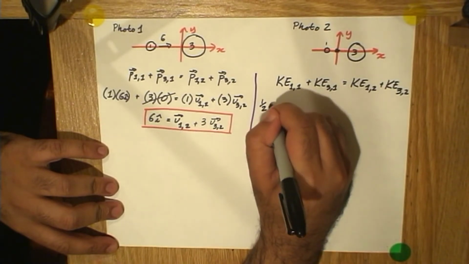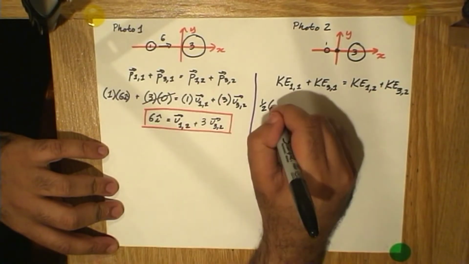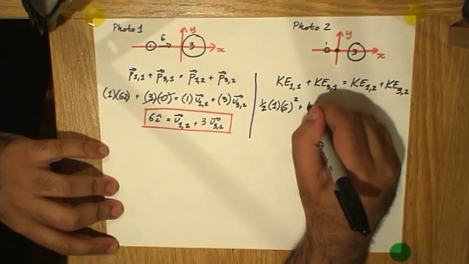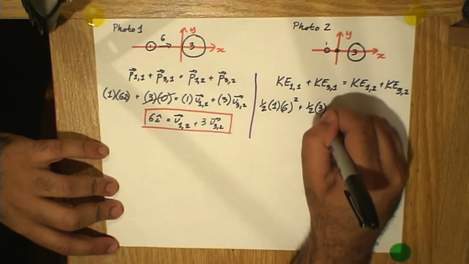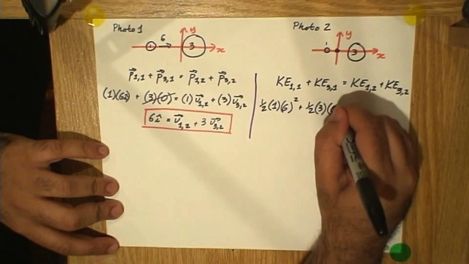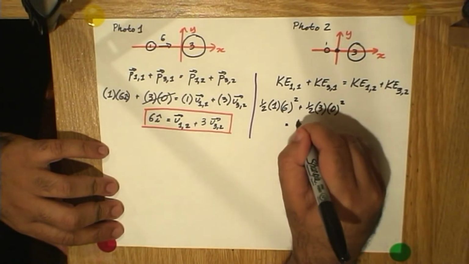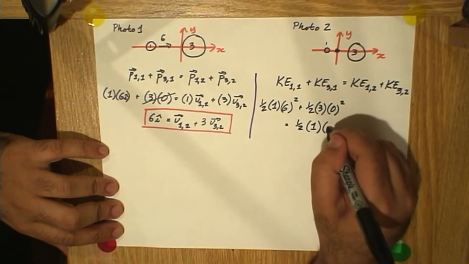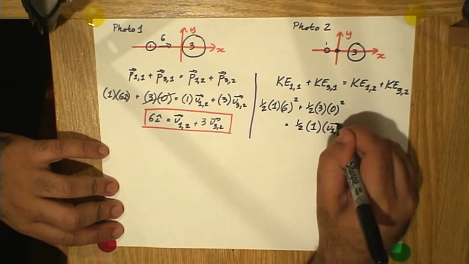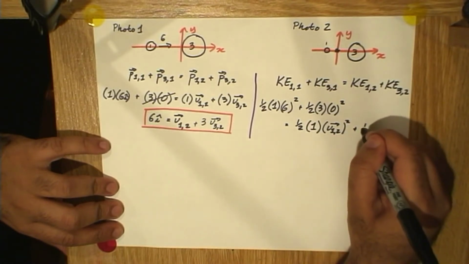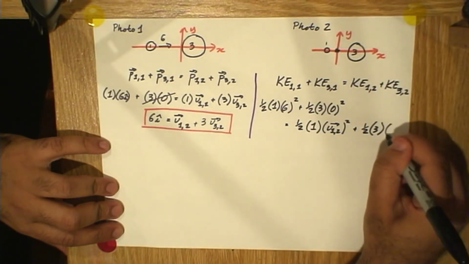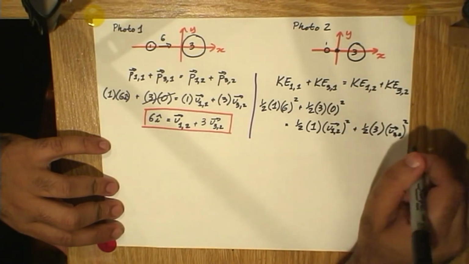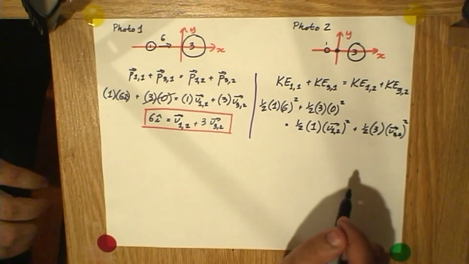So that would be 1/2 times, for the 1 kilogram in photo 1, that's 1, multiplied by its velocity, 6, squared, plus half, mass of the 3 kilogram is 3, times its velocity, 0, squared, and all of that's equal to 1/2 times the 1 kilogram object, multiplied by its final velocity, which is unknown, plus 1/2 times the 3 kilogram object times the velocity of the 3 kilogram object in photo 2, which is also squared.